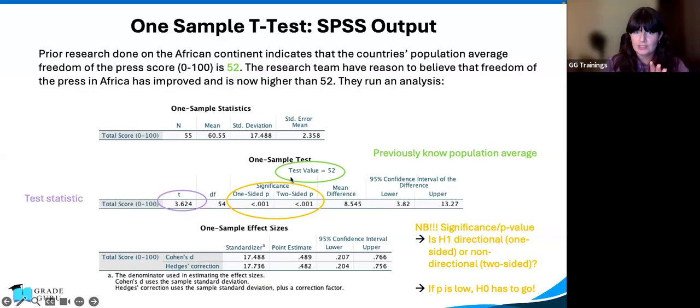You would look to the test value to form your hypotheses. You can already see it says one sample test, so you should know your basic structure. Once you form your hypotheses based on the test value, you go straight to your p-value, and you can reject or retain H0. Pretty straightforward, actually.